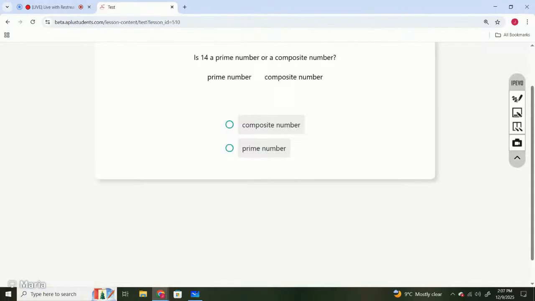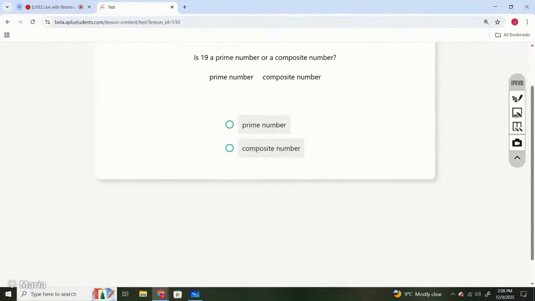Is 14 a prime number or a composite number? 14 is a composite number. The correct option is composite, because 14 has more than two factors.